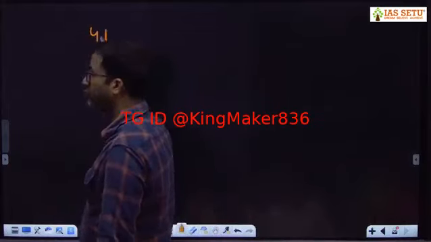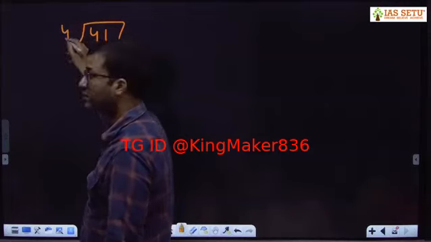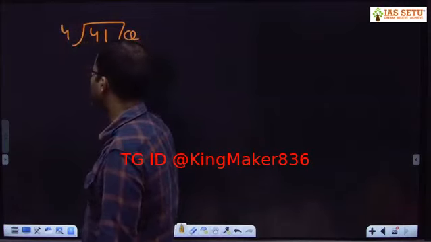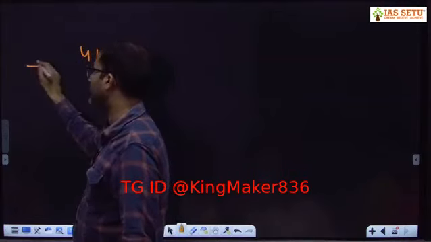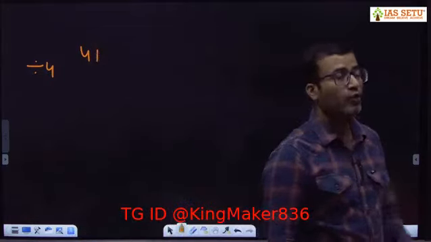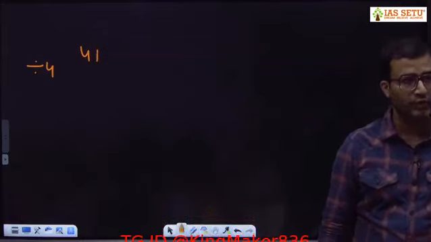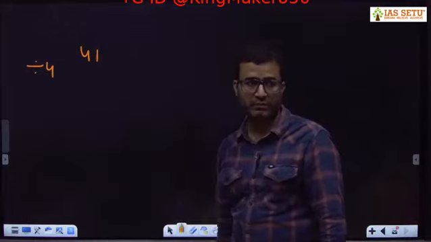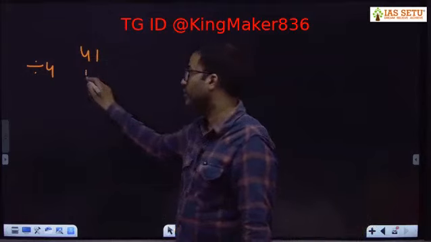Your number is 41. ठीक है. This is your divisor. This is your quotient, and what is remainder? See here. 41. Your divisor is 4. What we will do, we will see the multiple of 4 which is just near to 41. The maximum multiple of 4 you can take is 40. So you can take 40.